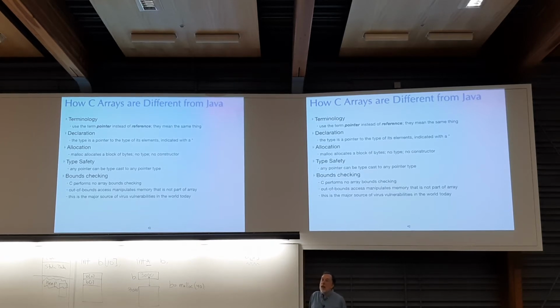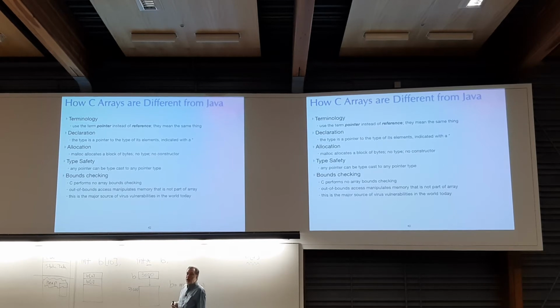C does have this property that once you declared a variable to be a pointer to something, then when you dereference the variable, like when you access an element of the array, the C compiler knows it's an integer, and if you try to use it in a context where integers are not allowed, you will get an error. But I can change the type of B in C in a very simple way.